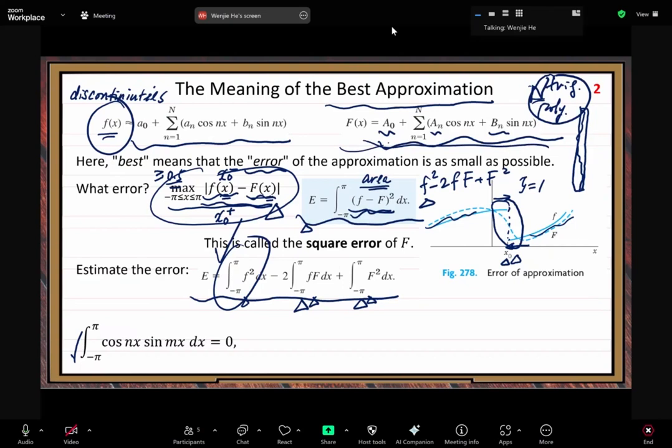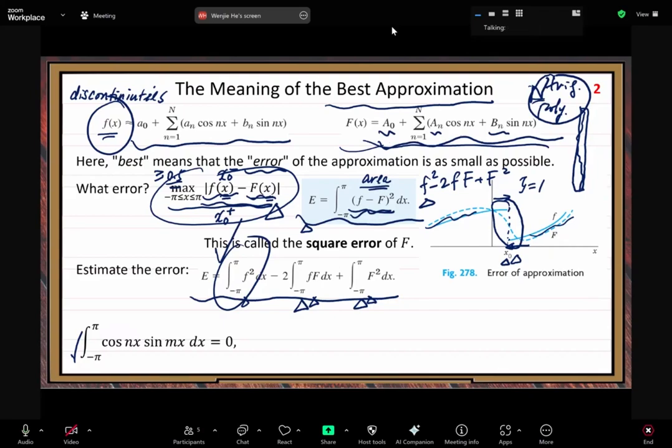When we do the calculation, one important tool is needed, because it could be very messy. When you do expansion, so many terms, integrals, it could be very, very messy. How do we make that calculation easier?